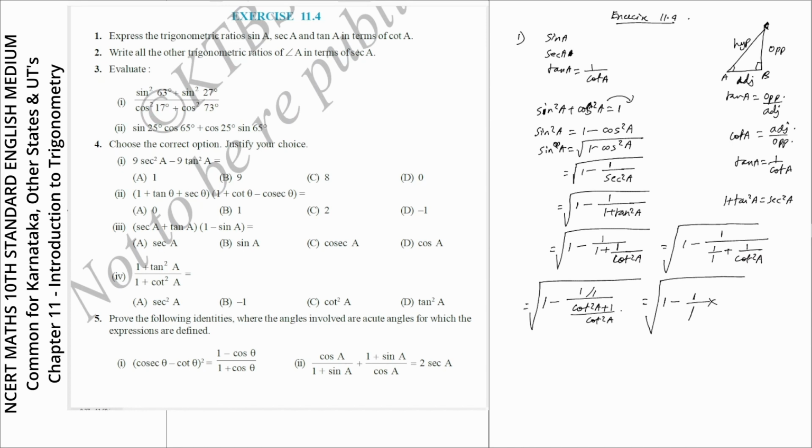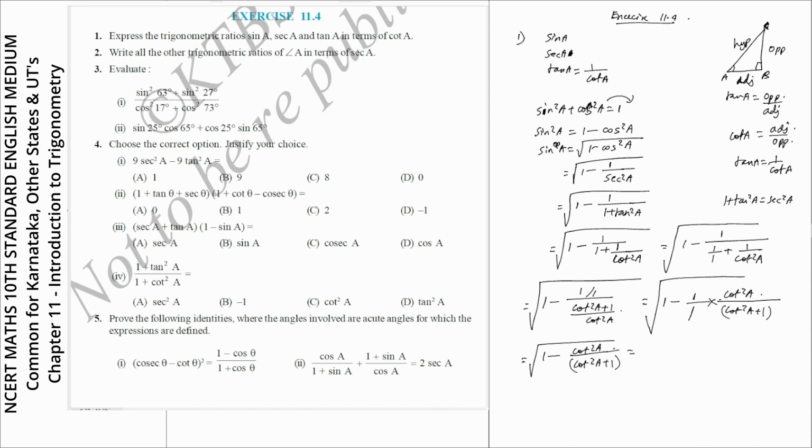When I take it to the numerator, cot square A will come to the top, and cot square A plus 1 will come here. So this is equal to again 1 minus 1 into cot square A is cot square A only. So 1 into cot square A plus 1 is 1 cot square A plus 1.